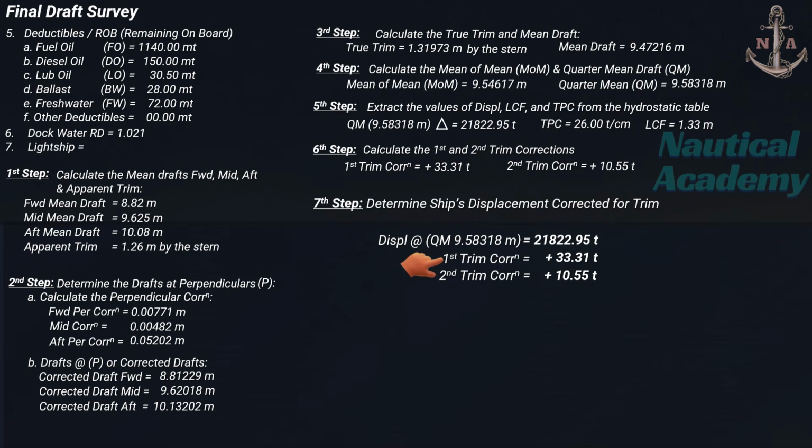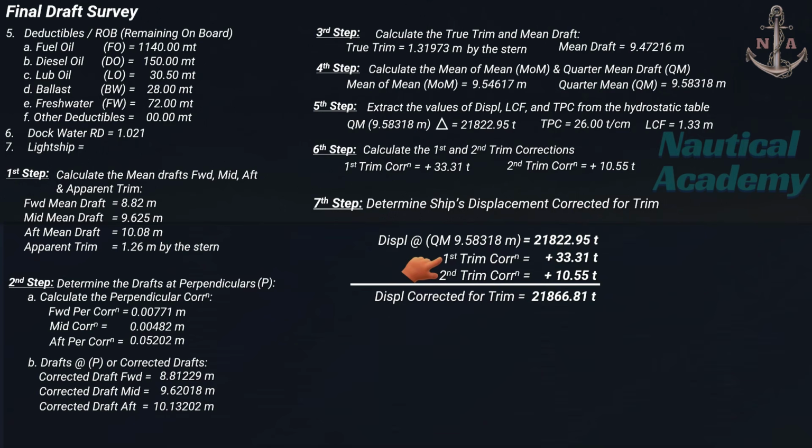Apply both the first and second trim corrections to the displacement at quarter mean draft of 9.58318 meters, which is 21,822.95 tons. Add the first trim correction, as I have discussed earlier, and the second trim correction is always added as per the rule. The displacement corrected for trim is 21,866.81 tons.